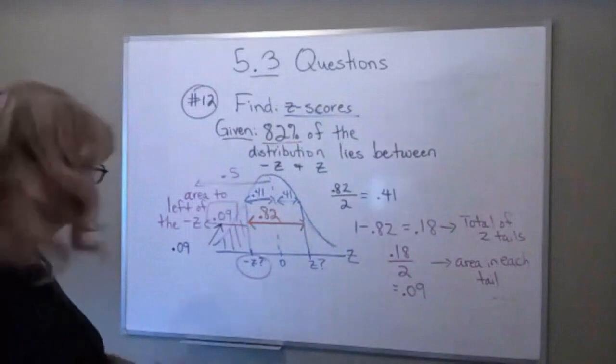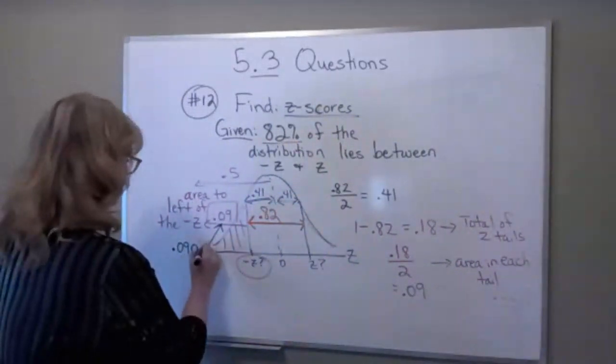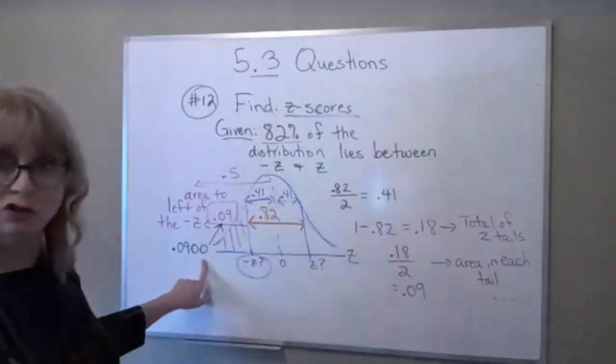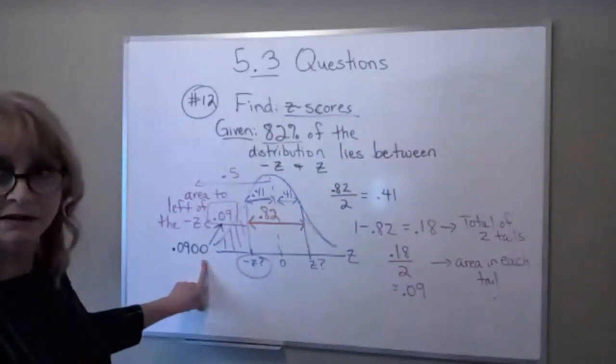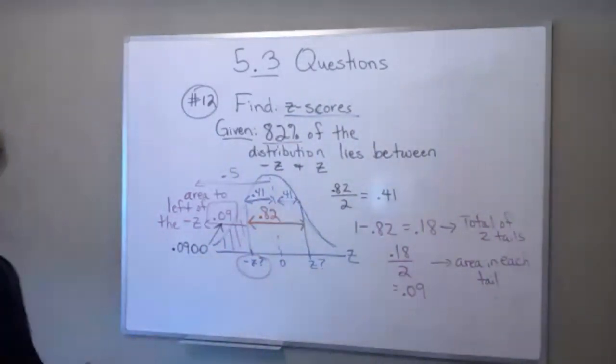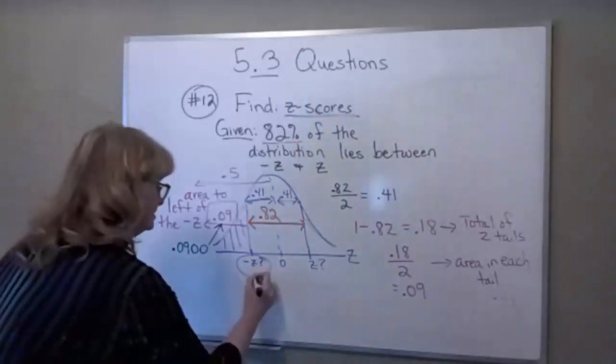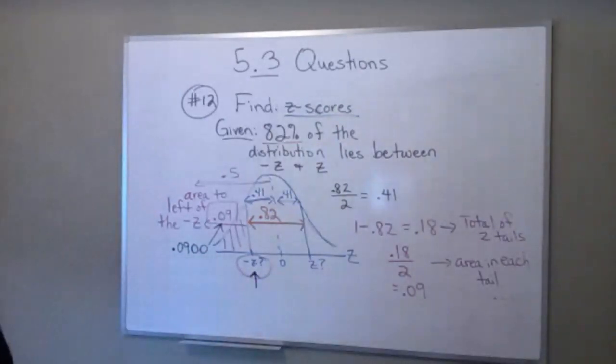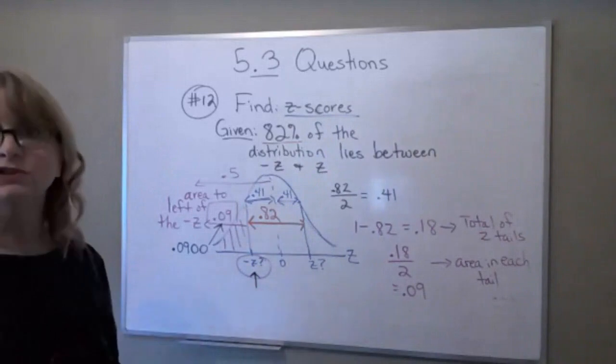The areas in our table have 4 digits, so I'm going to add 2 zeros on the end. It doesn't change it. And that's the number I'm looking for in the body of the table, to see which negative z has that area to the left.